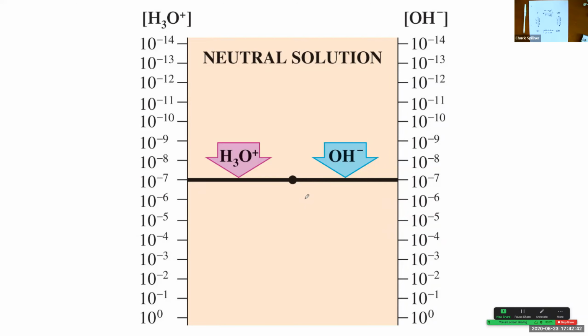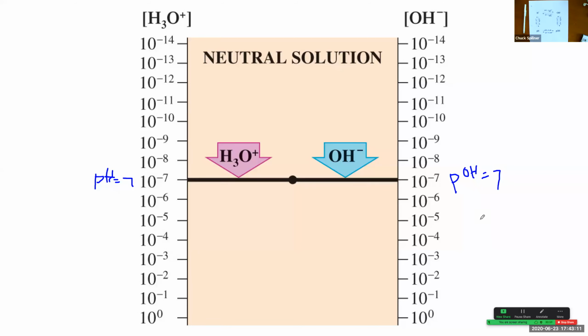If the concentrations of both are 10 to the minus 7, the pH is 7. So I'd say the pH here is equal to 7, and the pOH is also equal to 7. So I can write the pOH over here. pOH is also equal to 7. Okay.